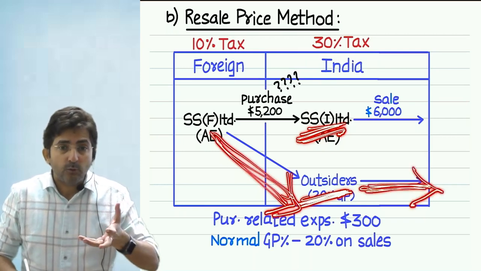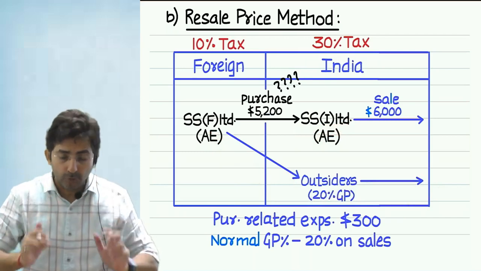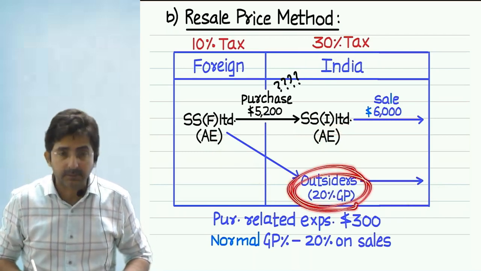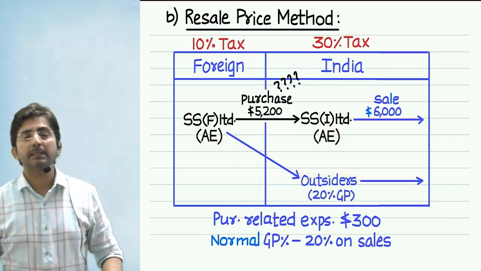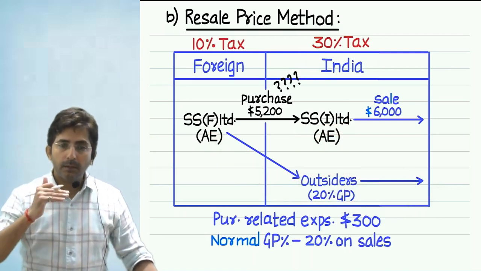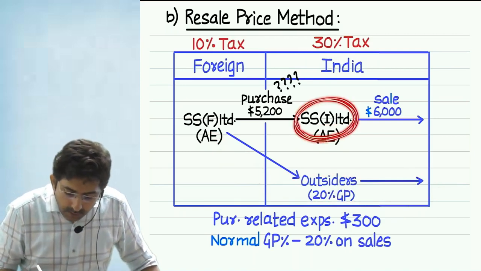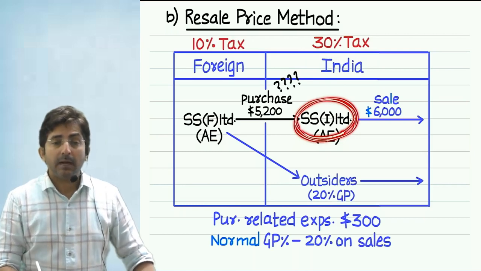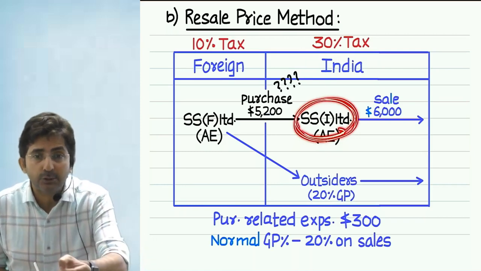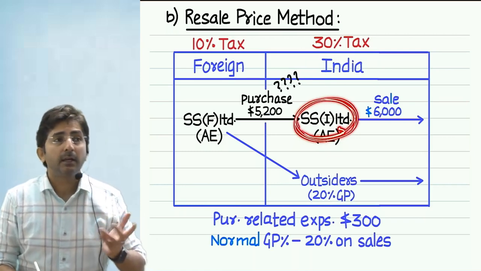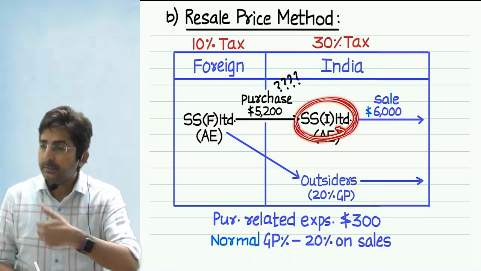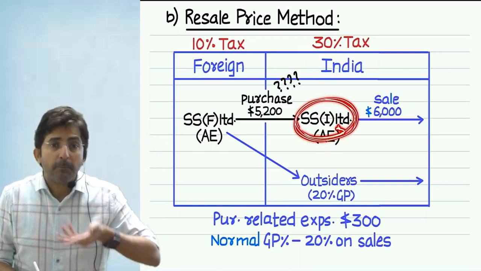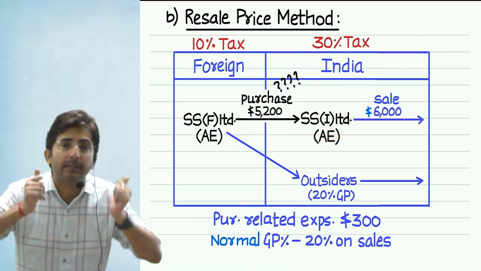Means what I am trying to say, it is possible or not that there can be similar players. What do you mean by similar players? Players similar to Samsung. The activity which Samsung India is doing, what activity? Import from Korea, sell in India. There might be some other dealers doing the same activity.